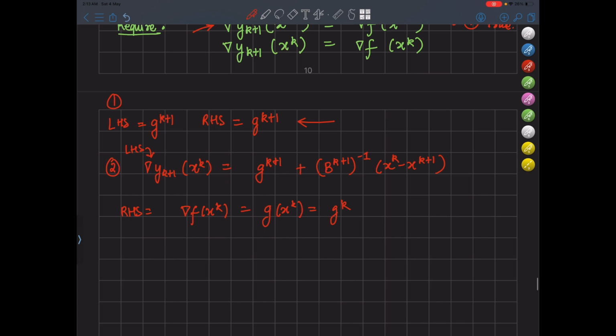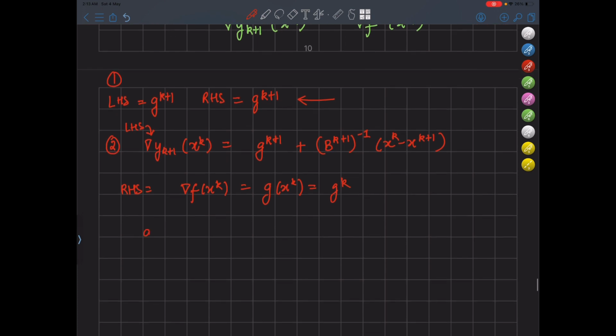So these two should be equal: gk plus 1 plus bk plus 1 inverse times xk minus xk plus 1 is equal to gk.